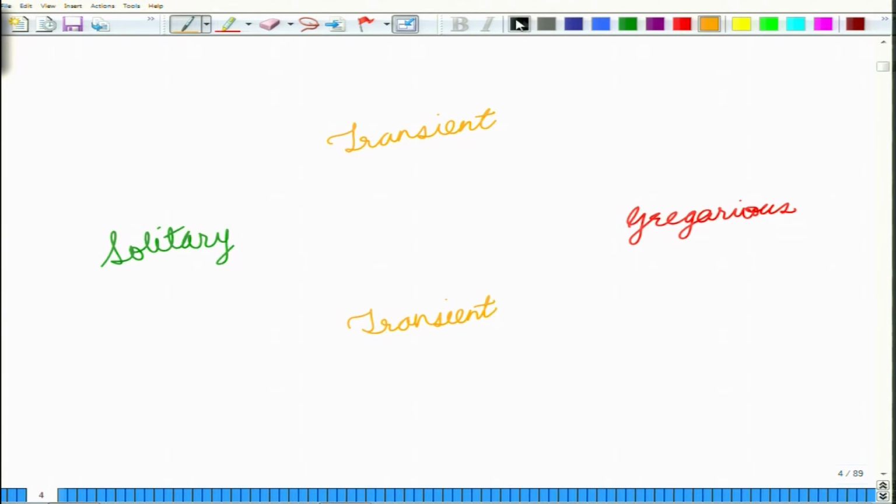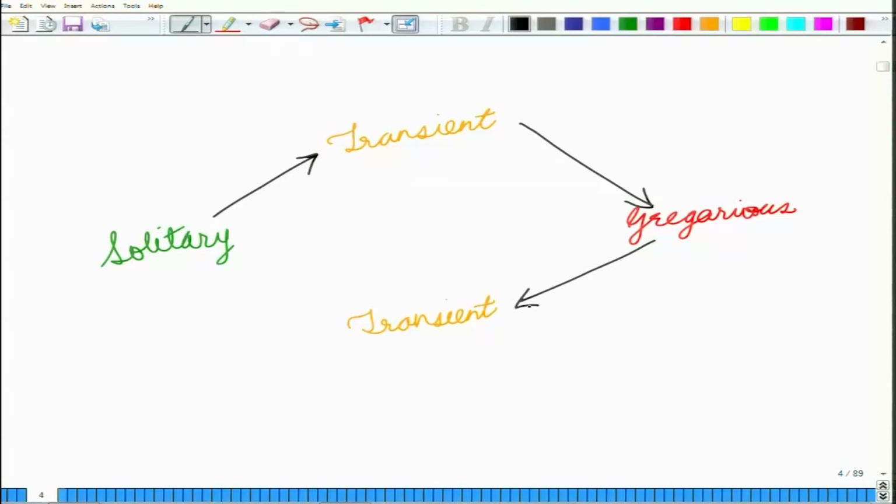Now, if you have a solitary phase and the population is increasing, the population will tend to go towards transient. If it increases further, it will tend to become gregarious. If the population is gregarious and you have ample space, and the number of animals has come down, maybe because of change in the environmental conditions, then the gregarious will slowly turn into the transient phase, and from the transient it moves to the solitary phase.